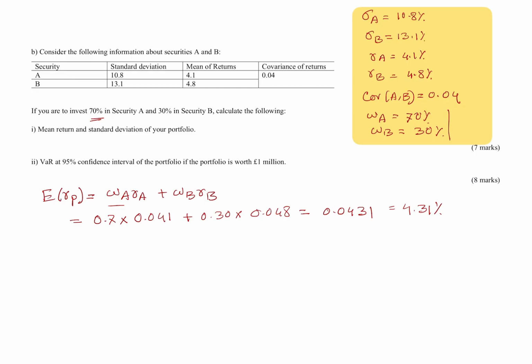Now, to calculate the standard deviation, we need to calculate the variance first. The variance, we denote with sigma square.